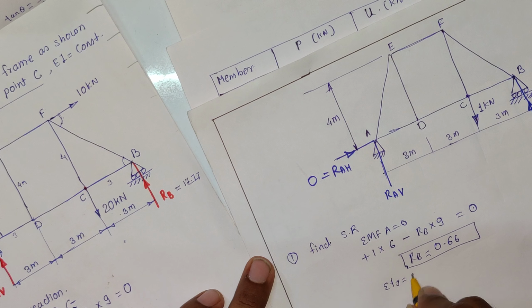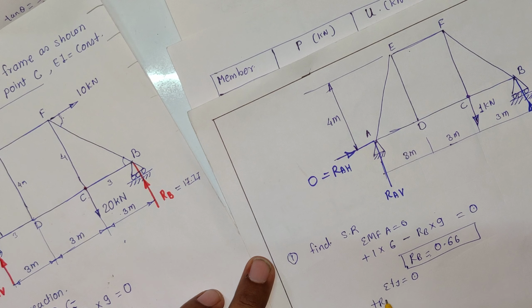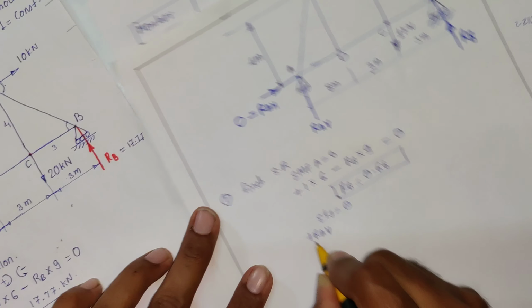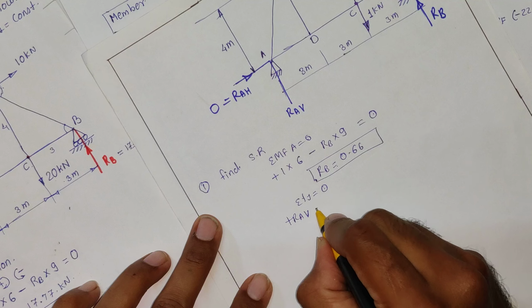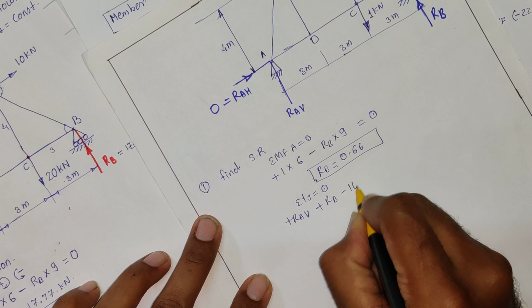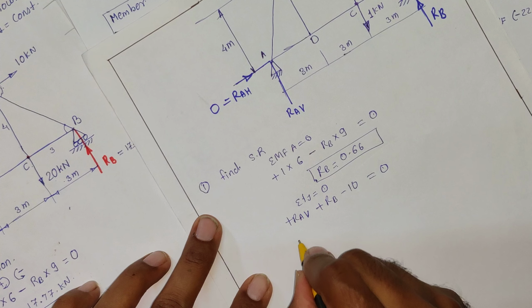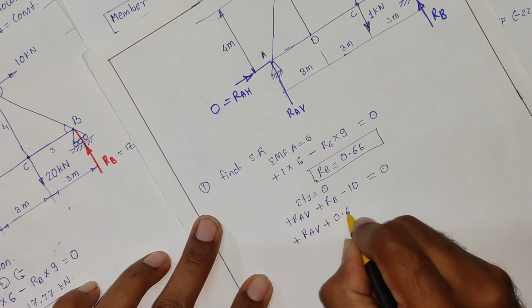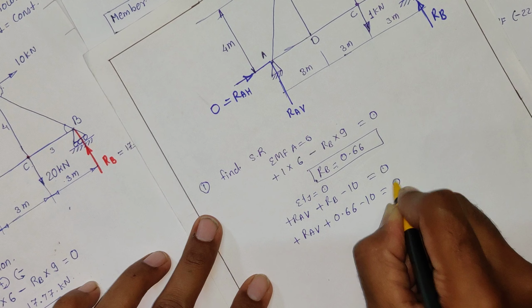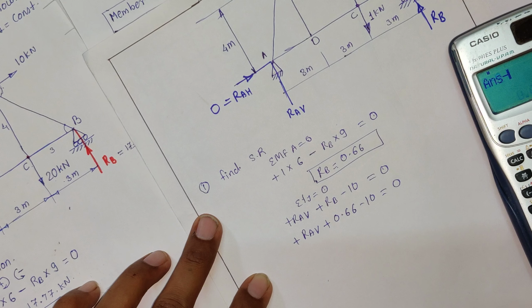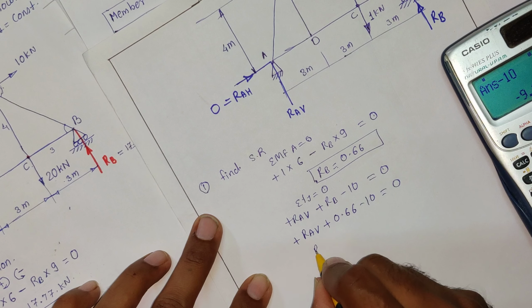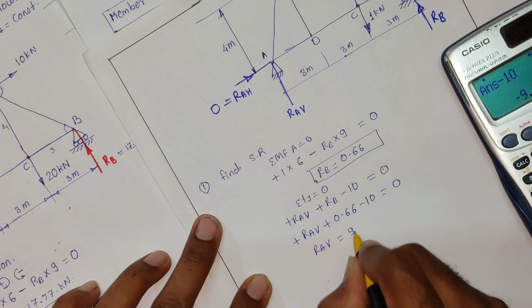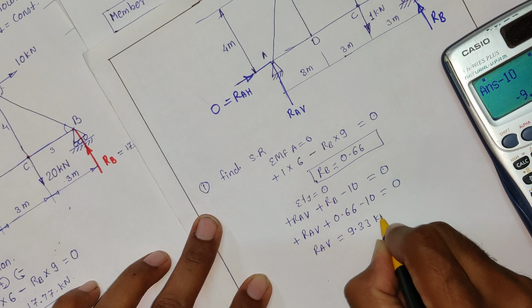Summation of Fy is equal to 0: plus RAV plus RB minus 10 is equal to 0. So RAV is equal to 9.33 kilonewton.